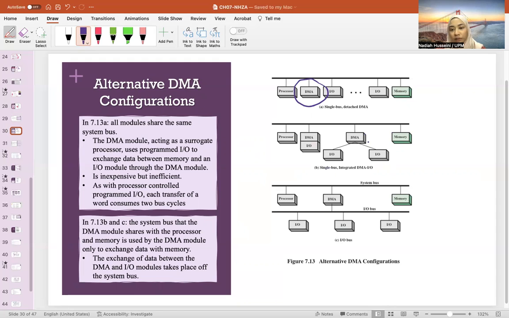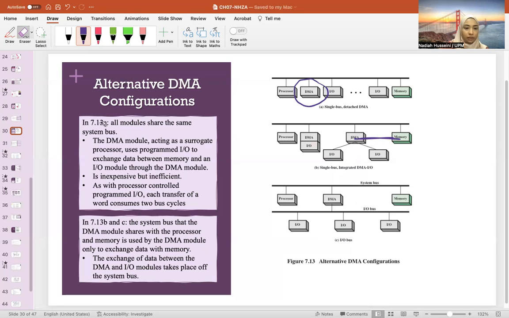Basically, any data transfer between the peripheral device and memory happens between these two, whatever request goes through the DMA. And then you have your DMA connected to a series of I/O modules. This is your processor module and your memory module.